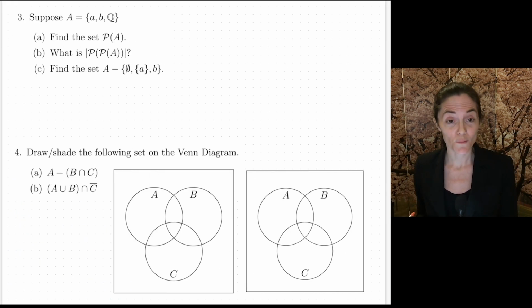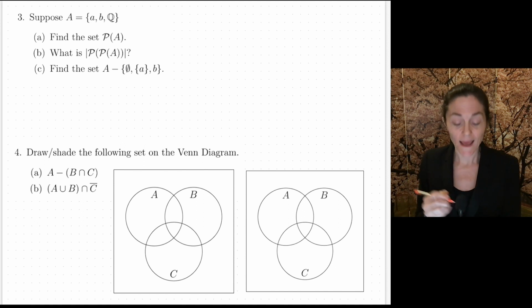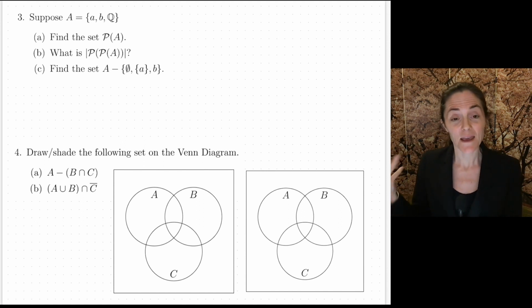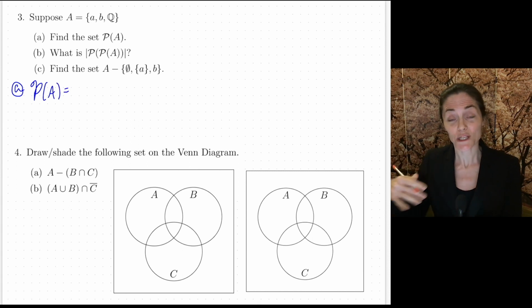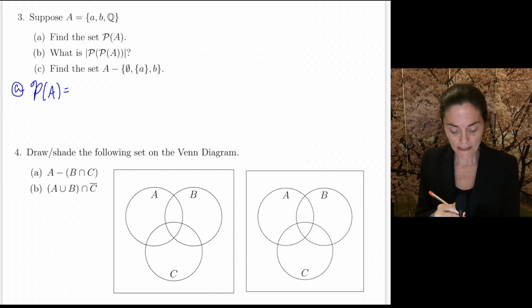Now for number 3, we are given a set A with 3 elements, a, b, and q. And first of all, let's find the power set of A. Well, we know this will have 8, which is 2 to the 3 elements. And I will list them in order of cardinality. We have the empty set. We have the singletons.